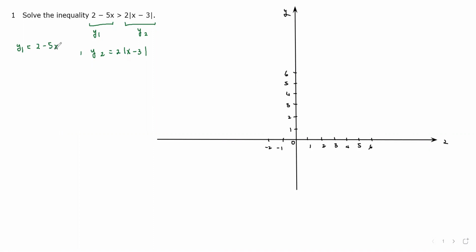For the graph y1, the y-intercept: when x is 0, y is 2. So you have a y-intercept of 2. And when x is 1, we have y equals 2 minus 5, which is negative 3. So these are the 2 points that the graph passes through: (1, negative 3) and (0, 2).